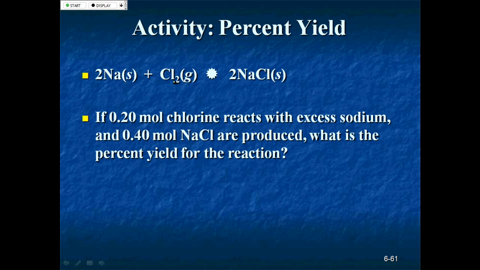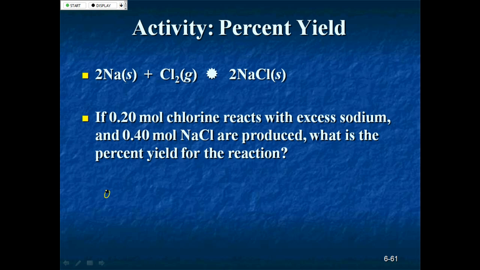We already know that chlorine is the limiting reactant, and you know the amount of chlorine you have. So how do we calculate the theoretical yield? Just like the previous problem, once you know the limiting reactant, how do you calculate how much product can form? Looking at the mole ratio.